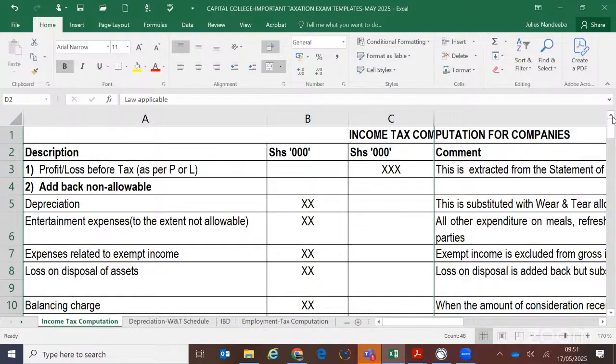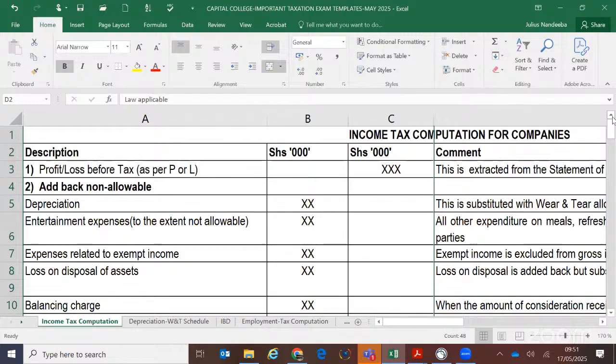I am talking about profit before tax. Even if they named it anything, even if they called it net profit, even if they called it net loss, know that that is the profit before you apply any tax. That is what you're going to start with in the tax computation.